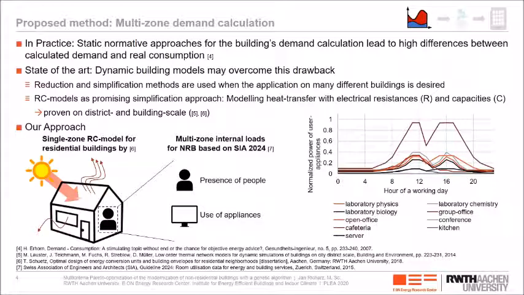For the later shown case study, we get these profiles for the electrical power of user appliances, which are one part of the internal loads beneath lighting and heat by people. Here, for example, in the laboratory zone, we see a typical working day with two peaks and one lower point that represents the lunch break in the main usage zone.